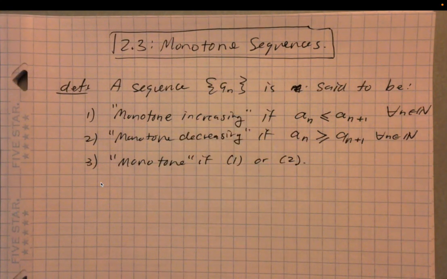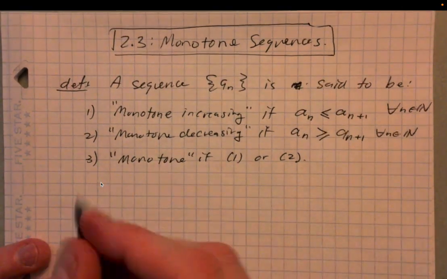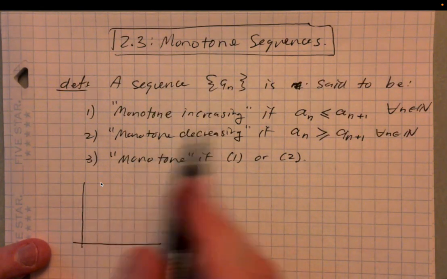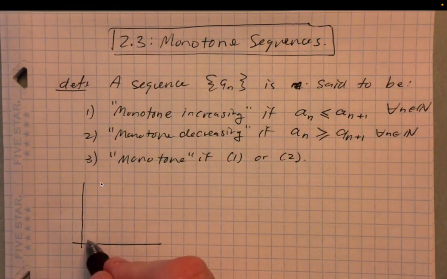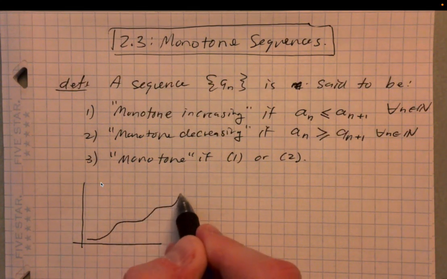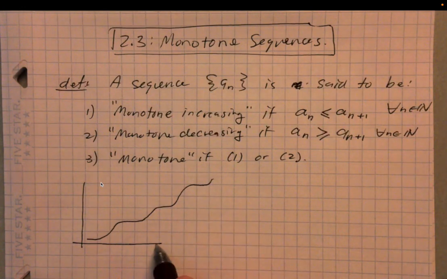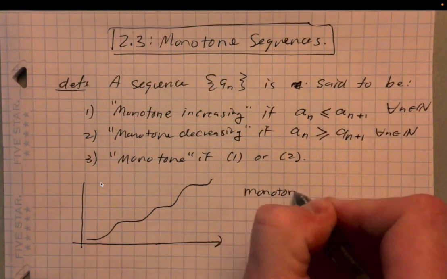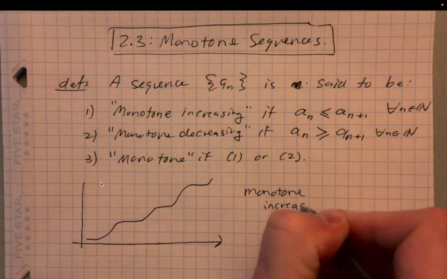You'll be familiar with monotone functions from calculus. The basic idea is that if it's monotone increasing, for example, it's either flat or moving upward. Something like this would be monotone increasing.